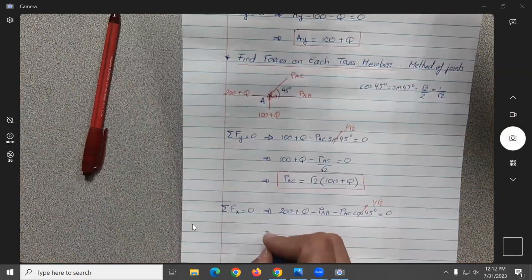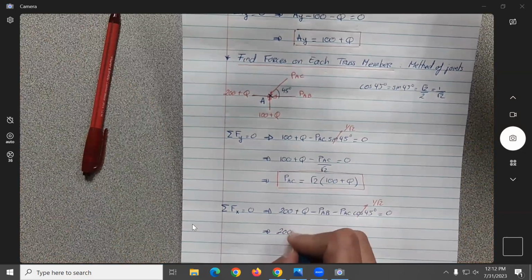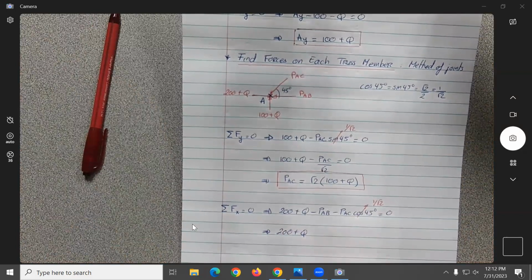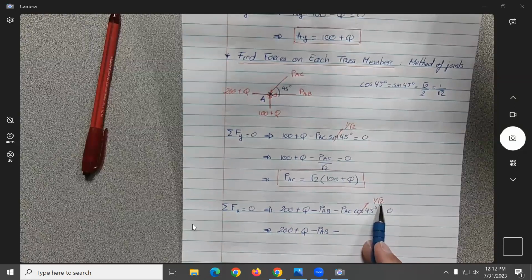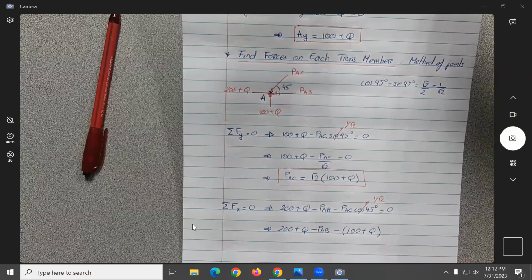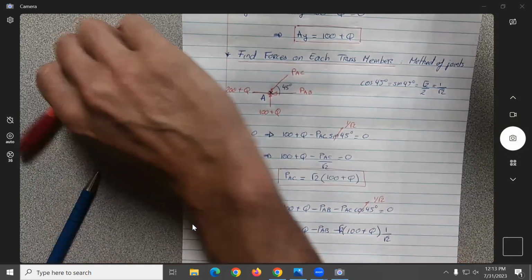So let's see, this is going to give what? 200 plus Q minus PAB minus, we know what PAC is. Now we divide by square root of 2, so this should be equal to what? Minus 100 plus Q, no? Yes? Okay, you want me to put the square root of 2, so it will be square root of 2 over here, and this will be 1 over square root of 2, no? But it will cancel out.